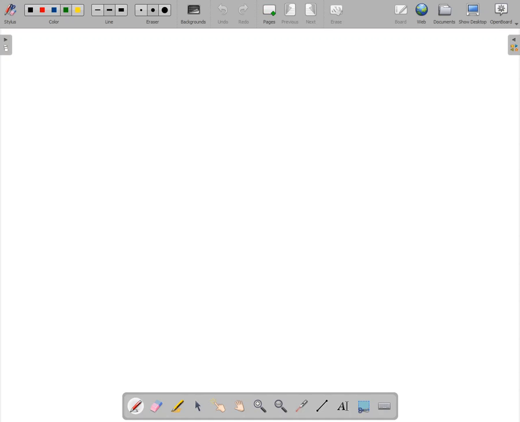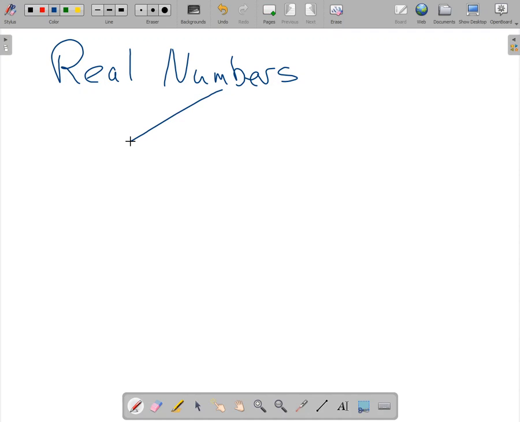All right, so from last time we were playing around with the idea of what are called real numbers. There's a lot of different kinds of real numbers, and the main two divisions we were looking at last time were rational numbers and irrational numbers.